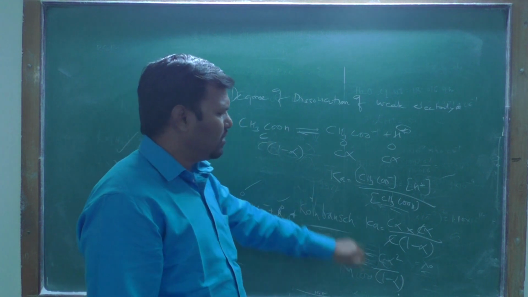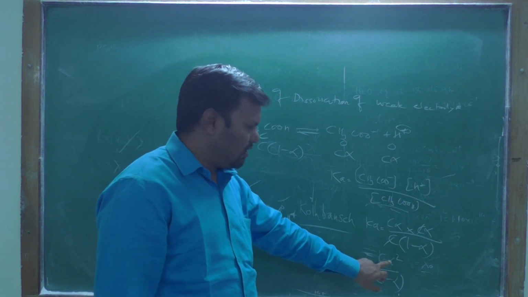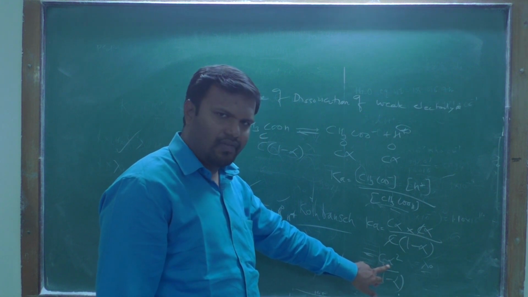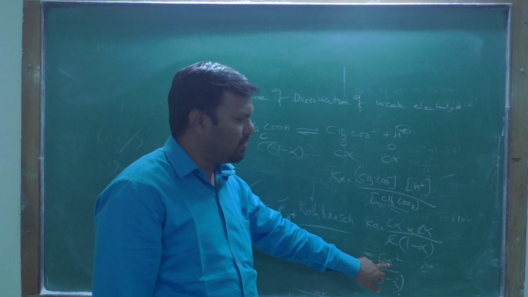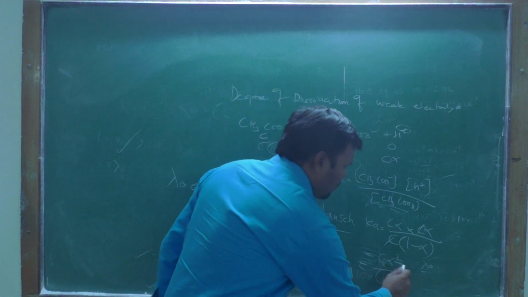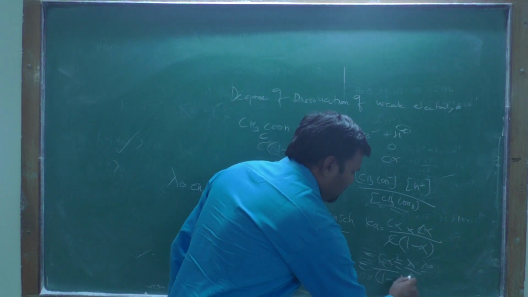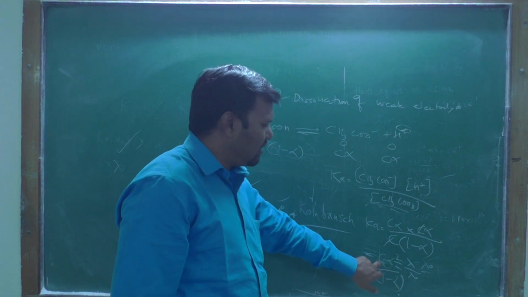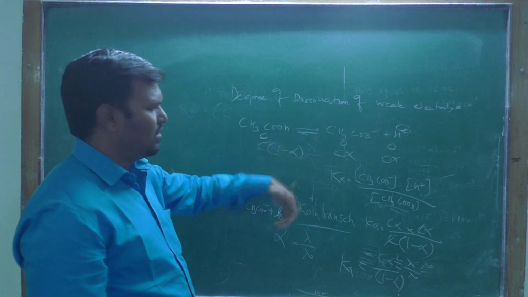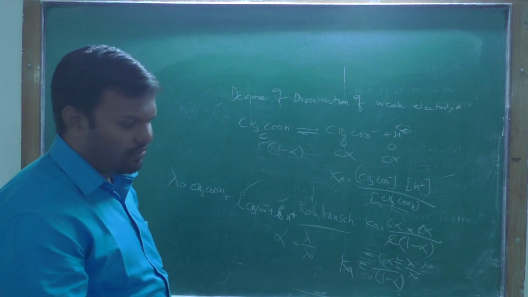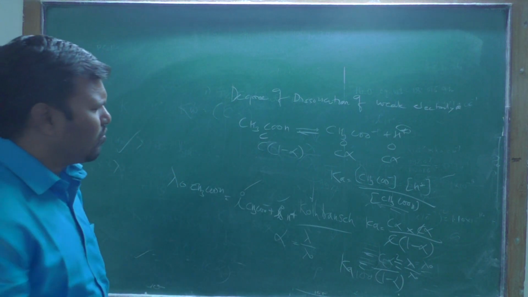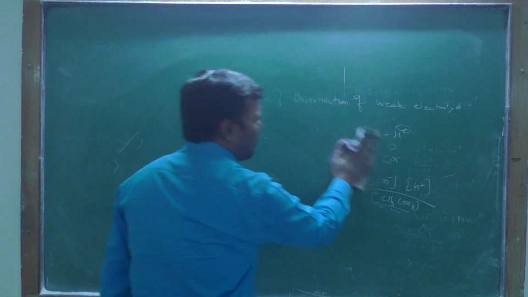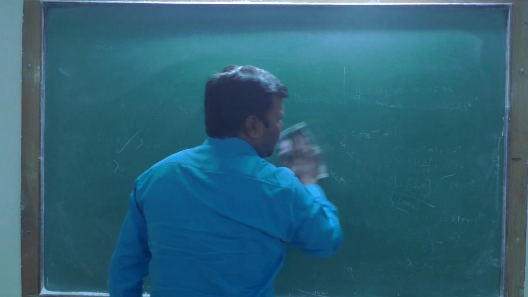That gives the alpha value. We put this value in the expression, and since we know the initial concentration, by using this you can find out the dissociation constant. In this way it is useful to find the dissociation constant.